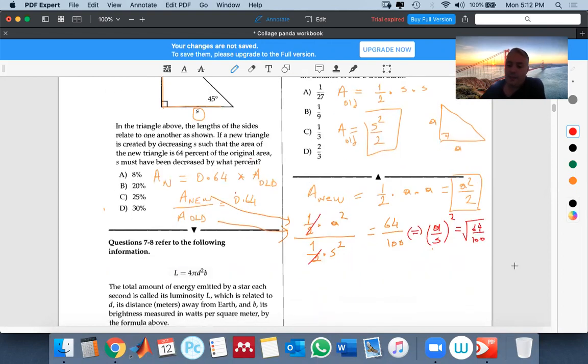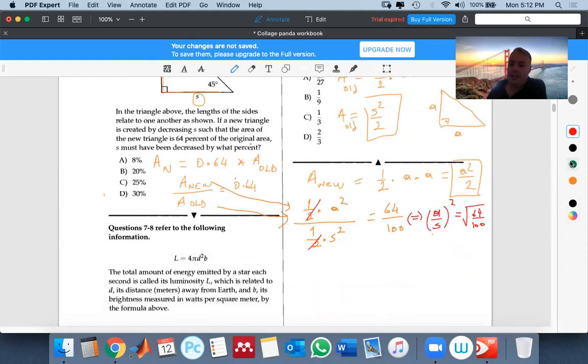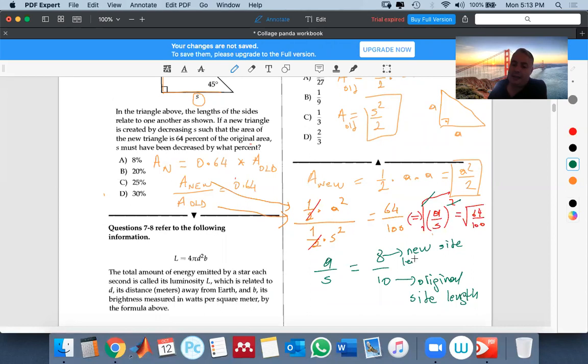And then, if I take the square root of both sides, I will have A over S is equal to 8 over 10. Okay, now 10 was my original side length. 8 is the new side length.